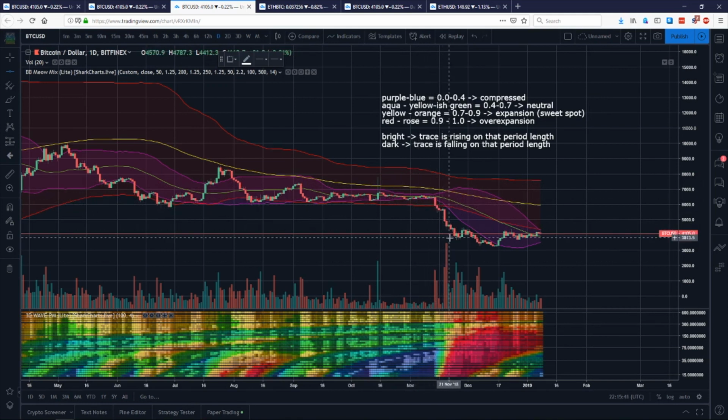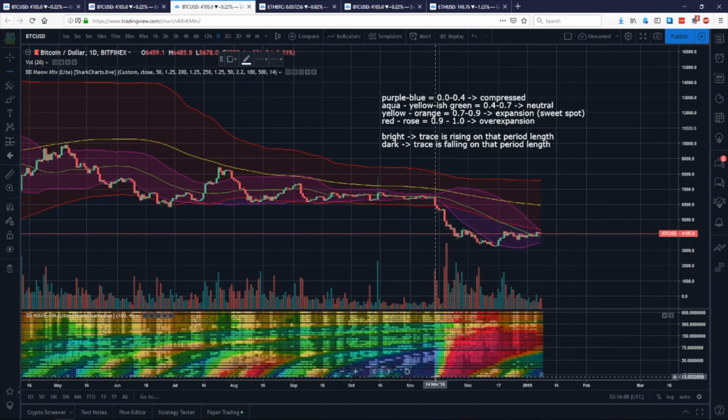Here I've got the Bitcoin dollar daily chart up, and you can see that as it made this move, the longer period bands and the short period bands were both relatively compressed. We got a large overexpansion of the shorter period bands that had a domino effect into overexpanding longer period bands.